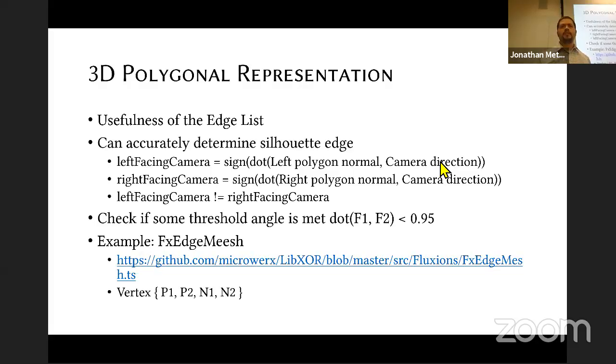Front facing means the polygon faces towards the camera. Back facing means it faces away from the camera. We know that the dot product will be positive if the normal and the camera direction are within 90 degrees of each other.